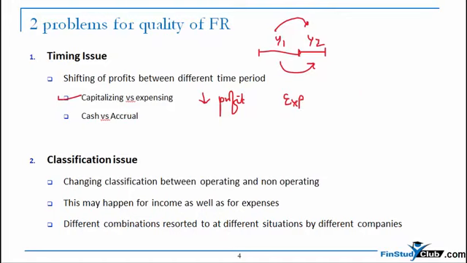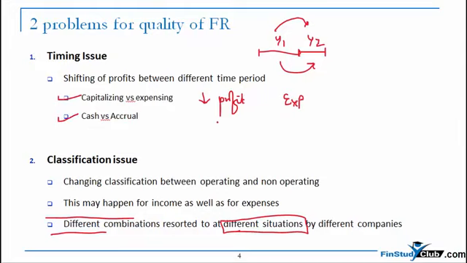So obviously this is a very important line that I want you to read through, that the different combinations resorted to by different companies are as per the different situations. There is no one size that fits all kind of a scenario. If a firm wants to increase the profit in the current year, then they would do something else compared to a firm who wants to increase the profit, let's say, in the next year. So there is a lot of permutation combination that the firm has to apply.